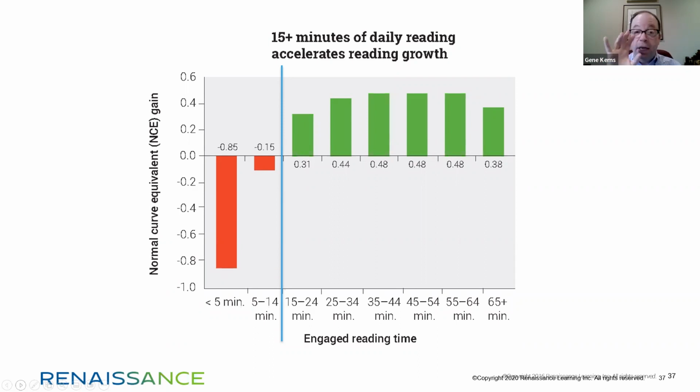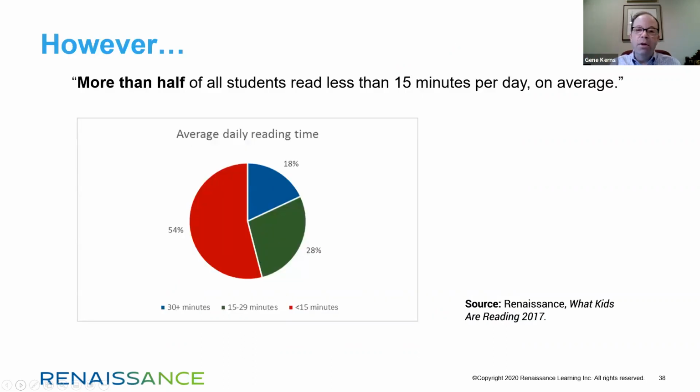If your kids are not reading supplementally, additionally, beyond what we do, 15 minutes or more a day, they are falling behind. And sadly, our data set also suggests that slightly more than half of kids, 54%, do not read 15 minutes or more each day. So what that means is a massive percentage of our student population is simply not reading enough to keep up.